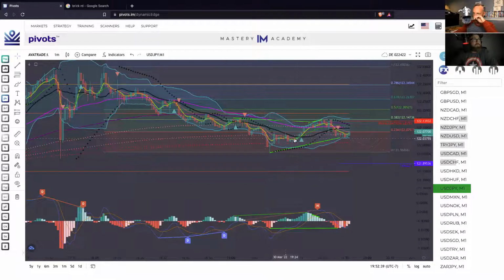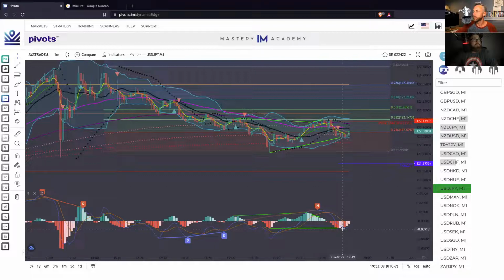There's a bit of flapping around over here where price kind of got stuck, and it's done the same thing here. We're also really close to a big round number. The actual true big round number is right here, 122,000.